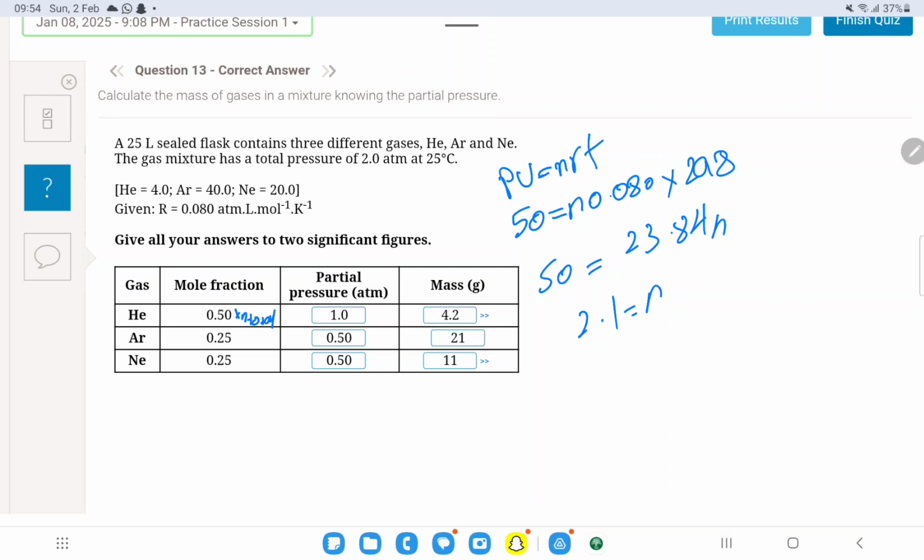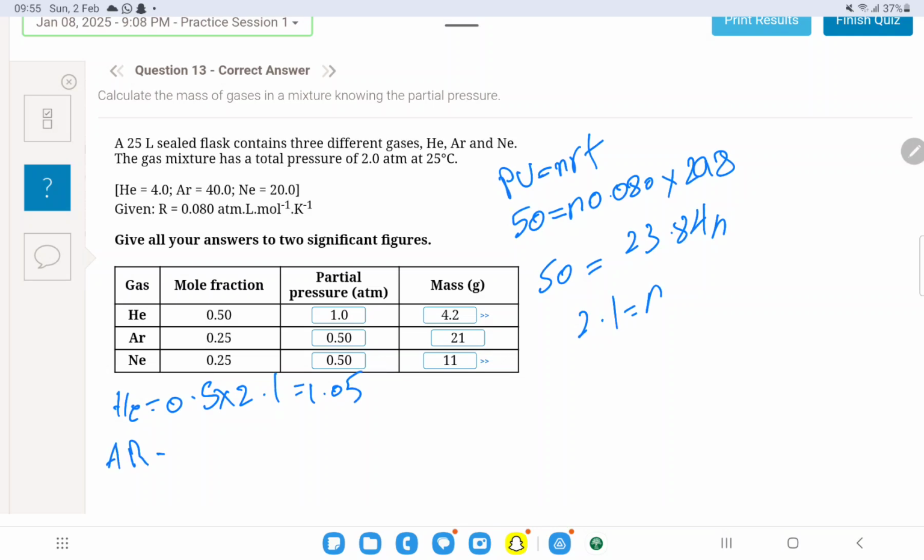So for He, it's 0.5 times 2.1, equals 1.05.